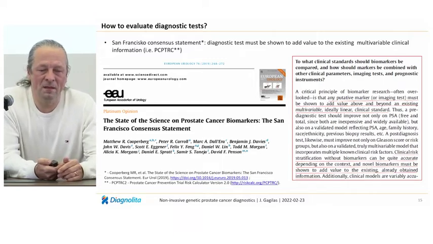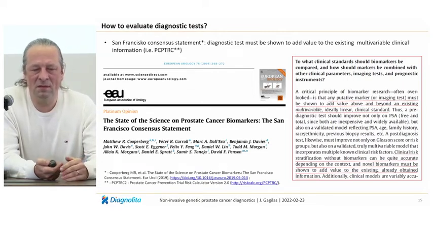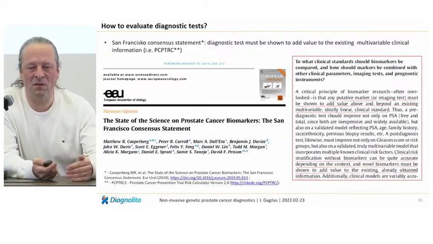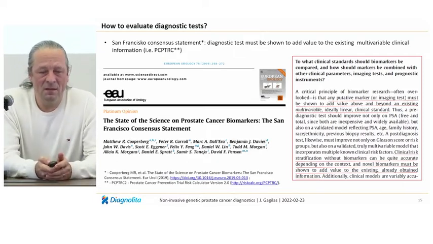So you must show that the marker or test adds something in addition to the existing clinical information.